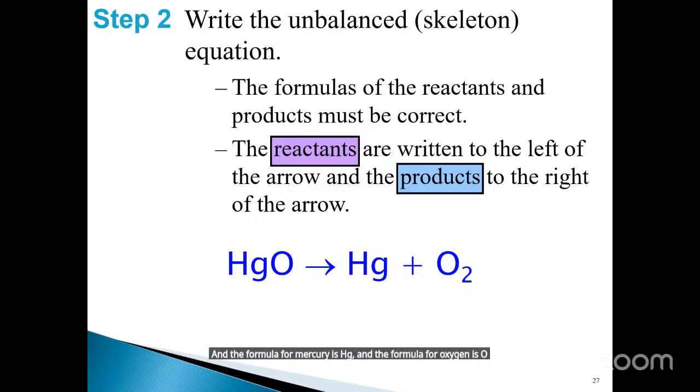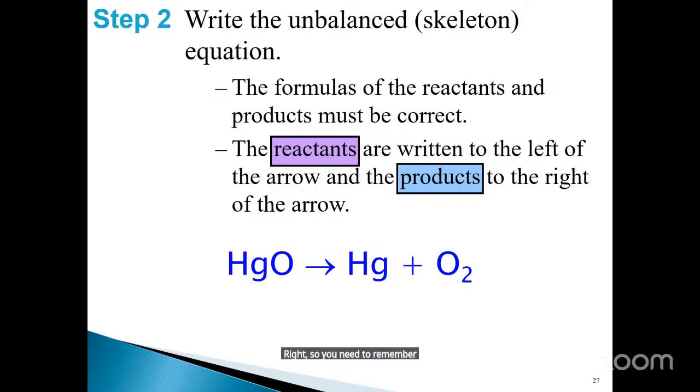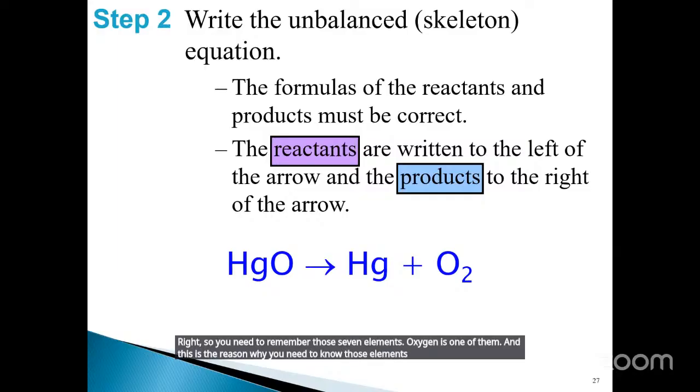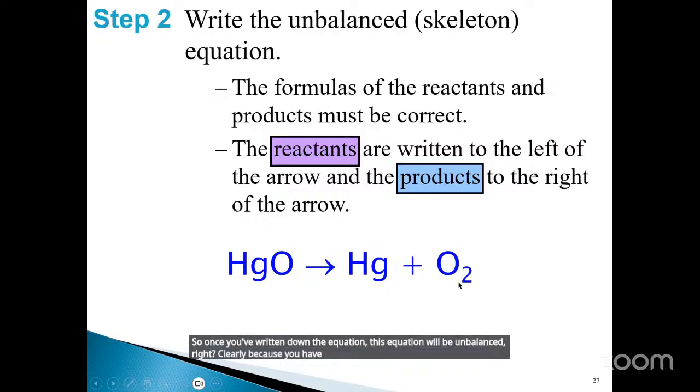And I think I remember telling you that, and I'll remind you if you have forgotten, that there are 7 elements that exist as diatomic elements. Did I tell you that? Right, so you need to remember those 7 elements. Oxygen is one of them. And this is the reason why you need to know those elements, because you might be tempted to just put O and that's it, but the actual formula should be O2, all right? So once you've written down the equation, this equation will be unbalanced, right? Clearly because you have 2 oxygen atoms here on the right side and only 1 represented here on the left side.